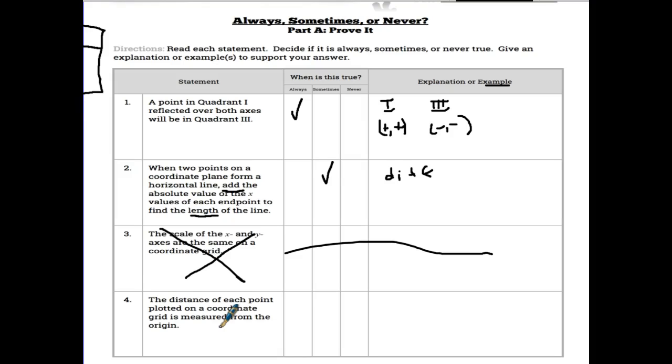Okay, so 30 seconds to think what your answer should be, and then 1 minute to talk with your partner and complete item 4. So pause here and check back in 1 minute and 30 seconds. Go.